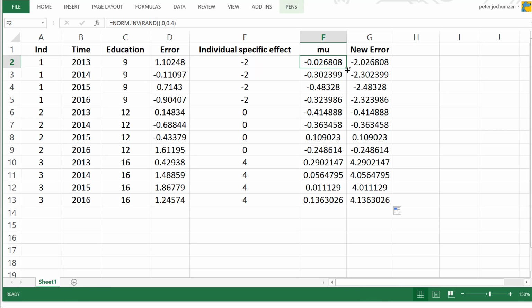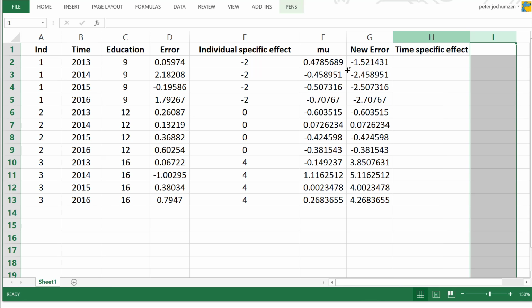Similarly, we can introduce a time specific effect which is connected to a particular point in time, but which doesn't change over individuals. For example, it might be the case that 2013 was a very bad year for the economy and salaries were in general lower that year.